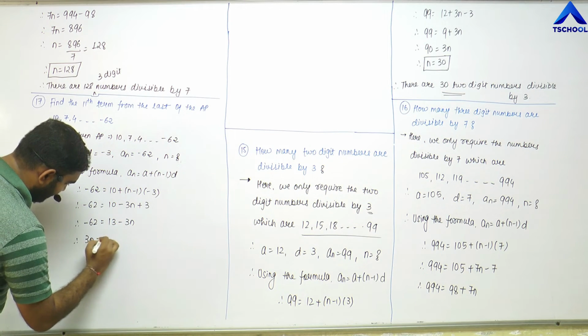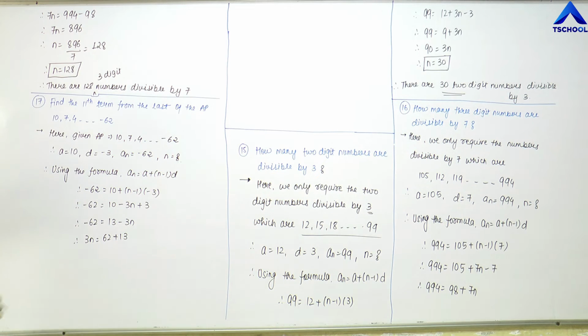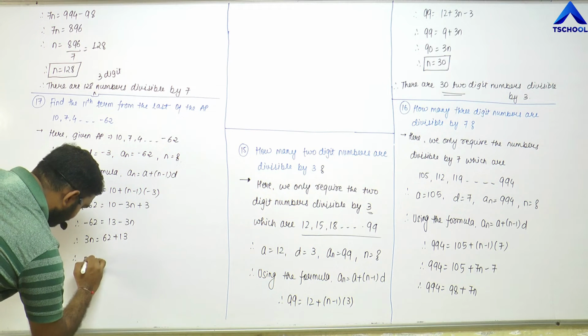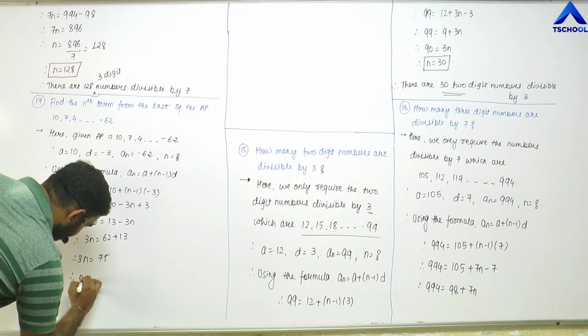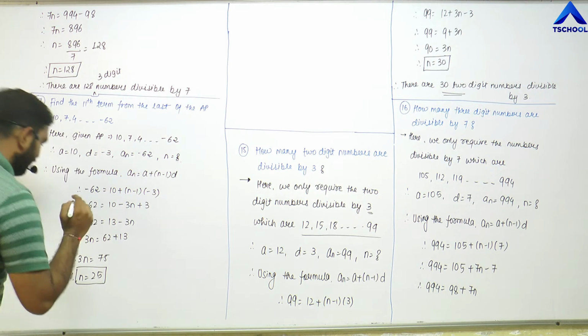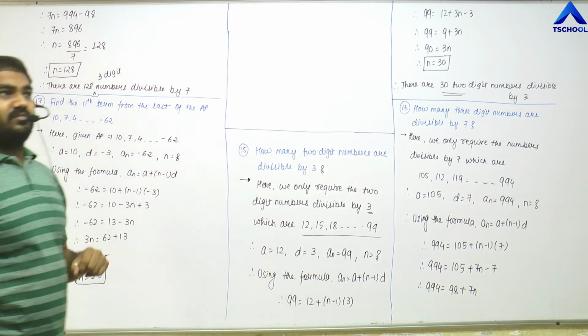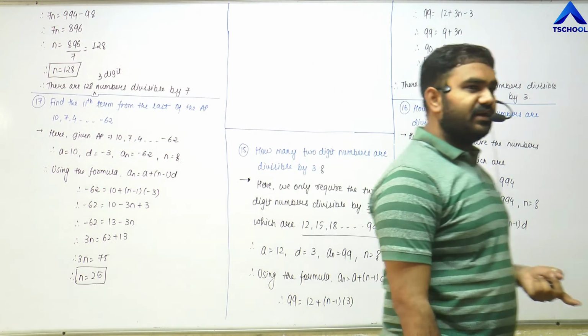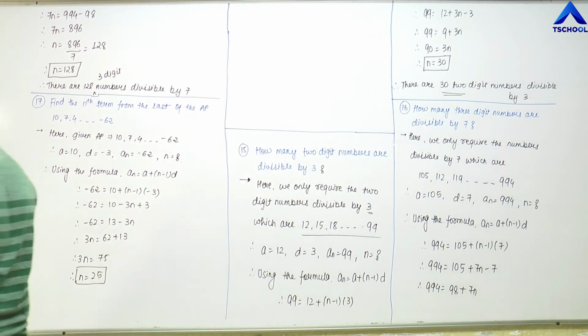Therefore 3n equals 62 plus 13, which is 75, and hence n equals 25. So there are 25 terms in 10, 7, 4 up to minus 62. Is it clear?